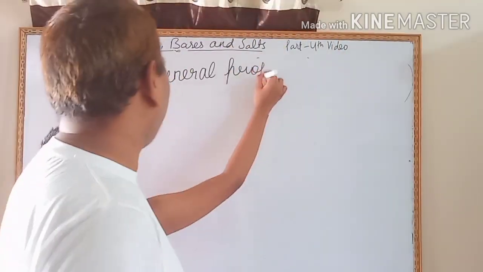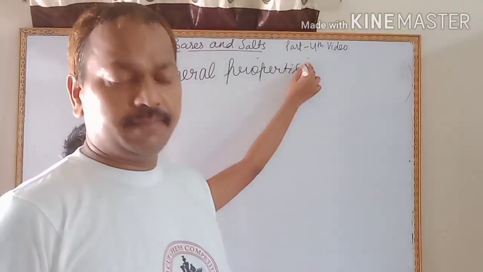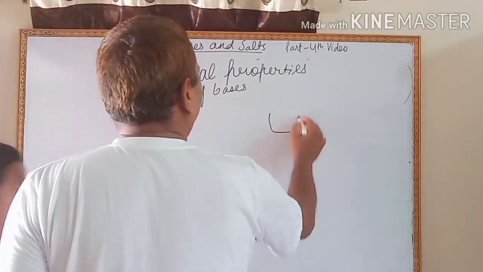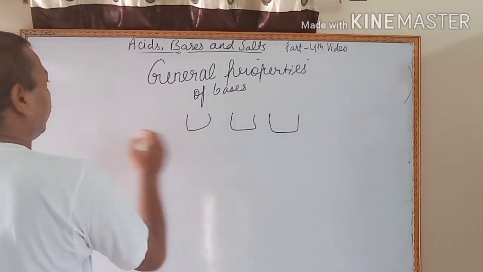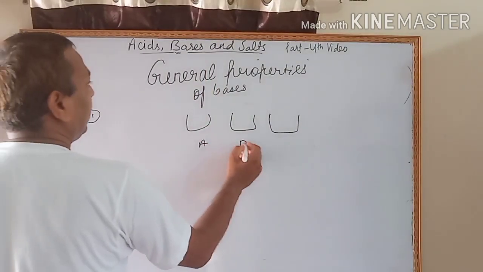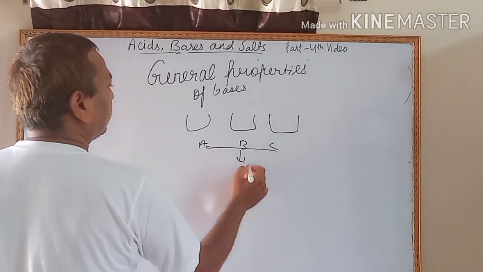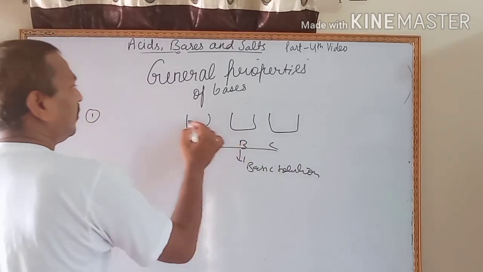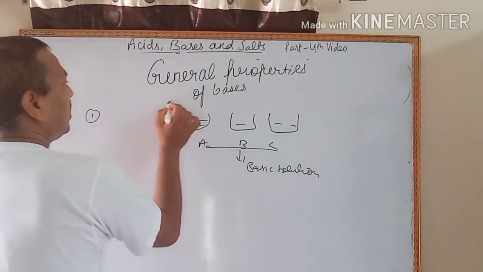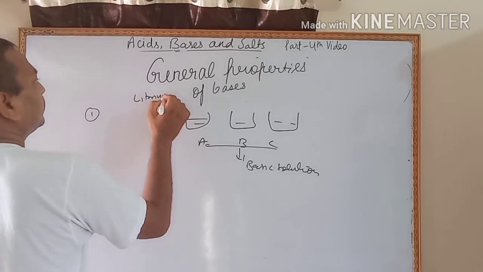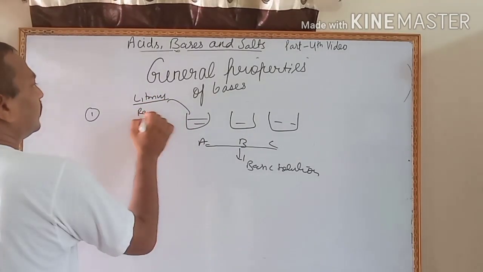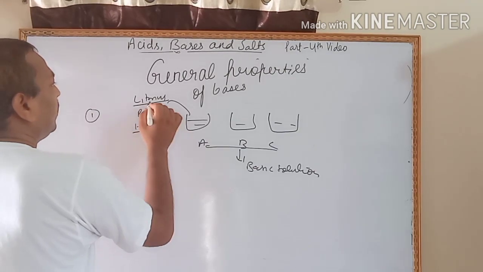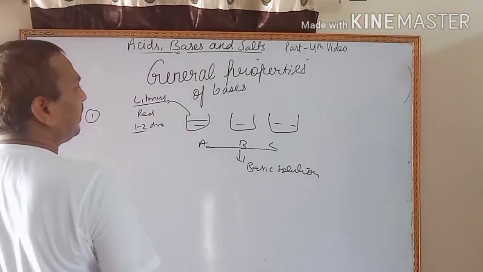If we take a base in 3 containers, A, B, C, any basic solution is present in these 3 containers. Now add 1 or 2 drops of red litmus solution to the basic solution.